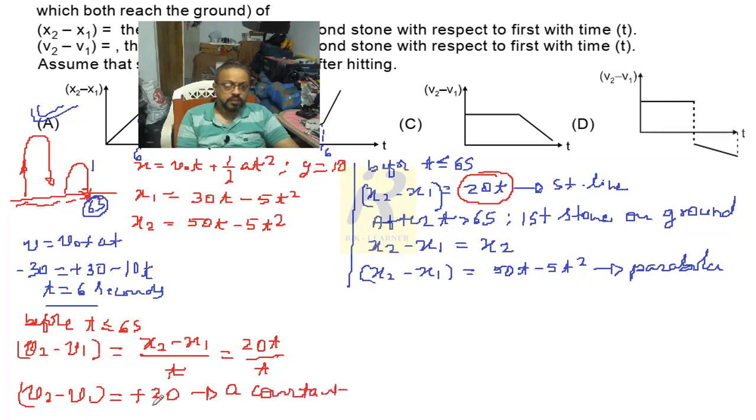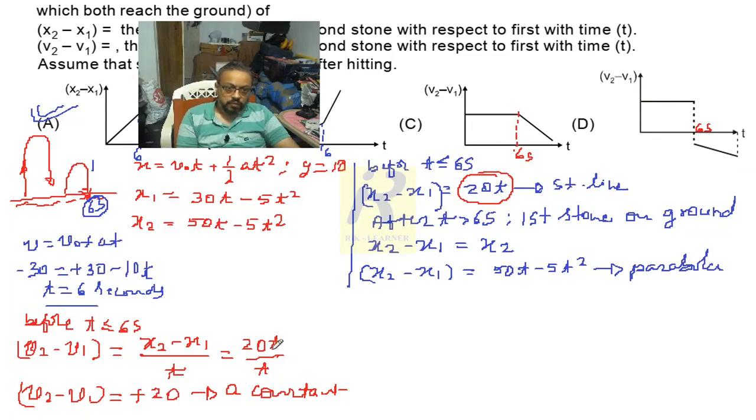It is a constant. That means we should get a graph which is parallel to the time axis. This 20 has no term t, so it is a constant, so we should get a line parallel to the time axis. Unfortunately, probably this could be the situation up to 6 seconds. So within 6 seconds in both graphs, we have the line parallel to the x-axis.